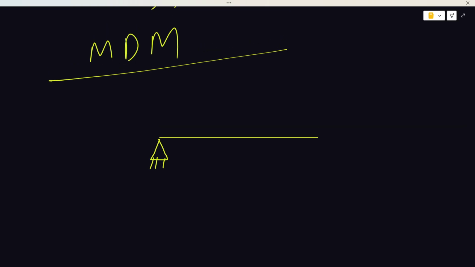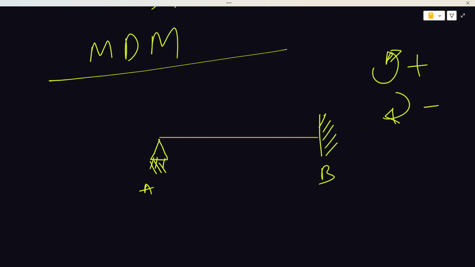Where we have a hinge and a fixed support, and mind you, we're still going to be using anticlockwise for positive and clockwise for negative. So the first scenario is this. You have a hinge and you have a fixed support.